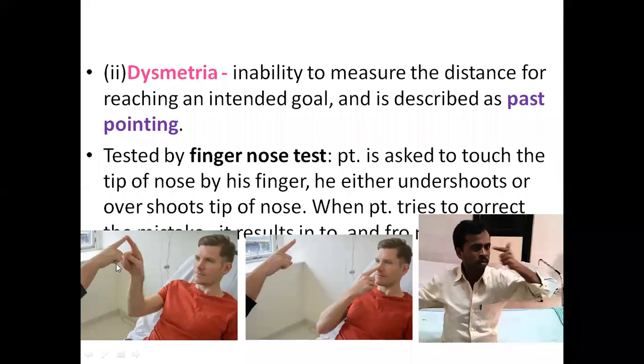You can see this is actually helping us understand past pointing. This is the normal pointing, but this person is unable to point his finger to his nose. That is past pointing. The finger nose test is generally done to check this.